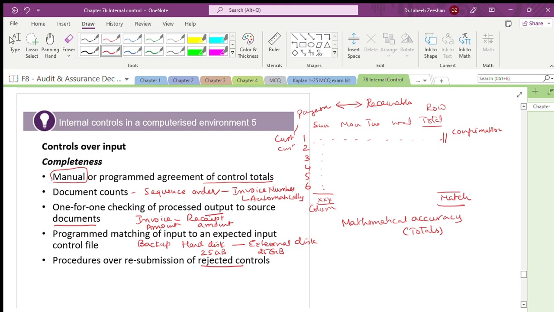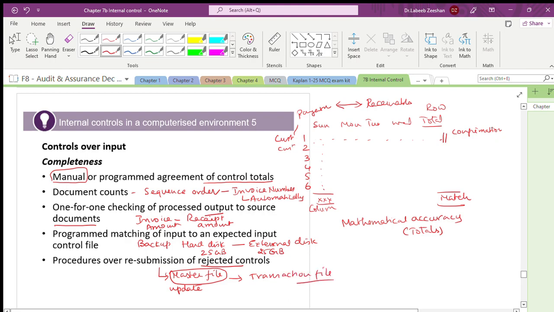Definitely, what is the procedure for resubmission? In that case you have to think first of updating the master file, then you have to work on the transaction file. Here we are using a little bit of information technology vocabulary.